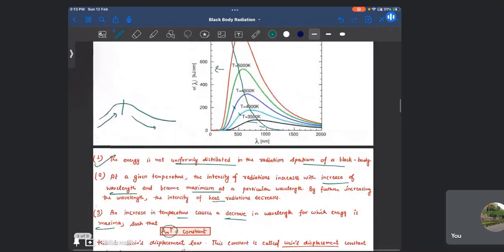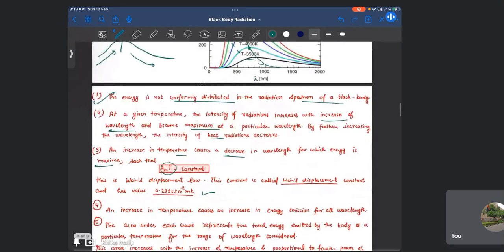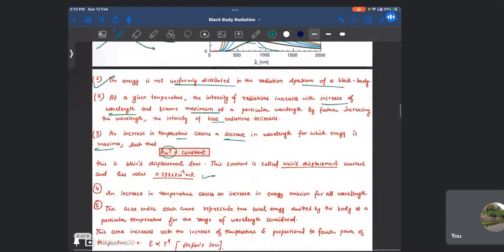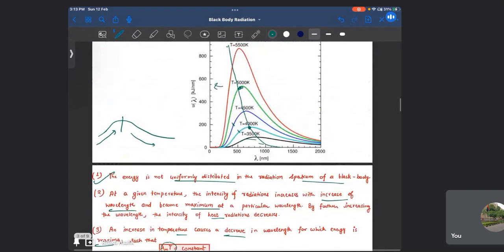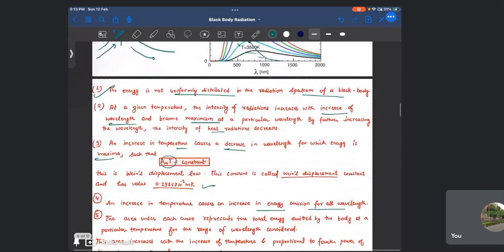So the product of the maximum wavelength and T is constant. An increase in temperature causes an increase in emission for all the wavelengths. So if we keep increasing the temperature, the emission will be from all the wavelengths continuously.